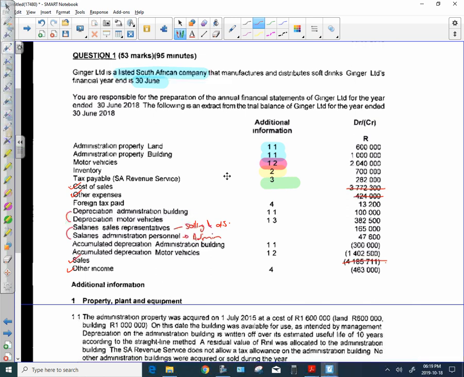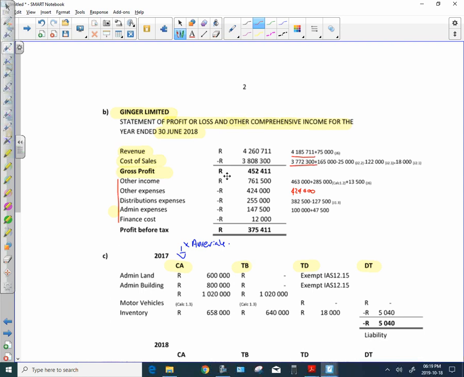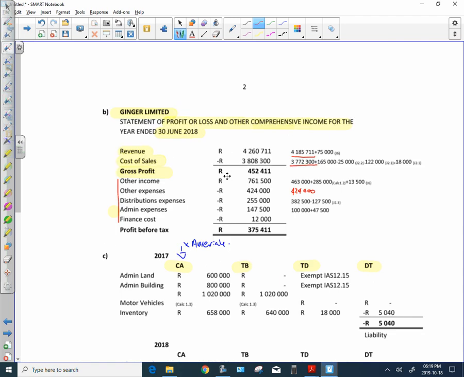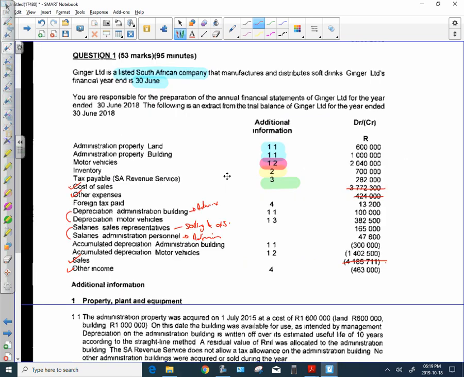In terms of the admin building, that I would also classify under admin expenses, agreed? And then the motor vehicles, depending on what they use it for, just see where we put that. 100,000, 328. Did they put it under distribution expenses?